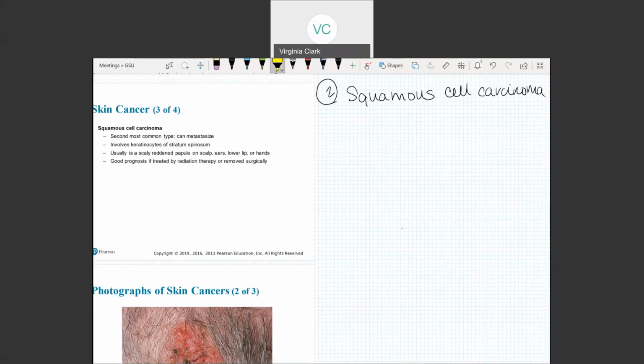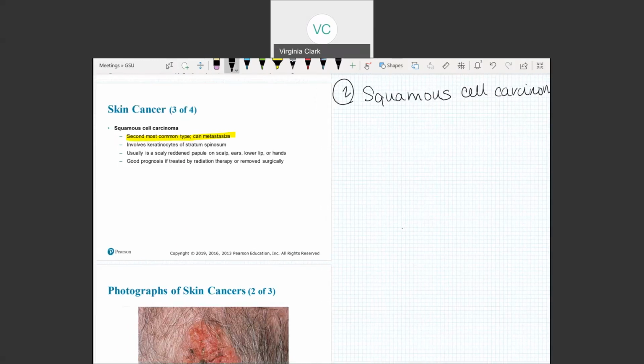And what it can actually do is easily metastasize. So it can easily grow. What's happening with squamous cell carcinoma is it is going to be primarily keratinocytes of the stratum spinosum layer. Those are the ones that are producing and overgrowing.